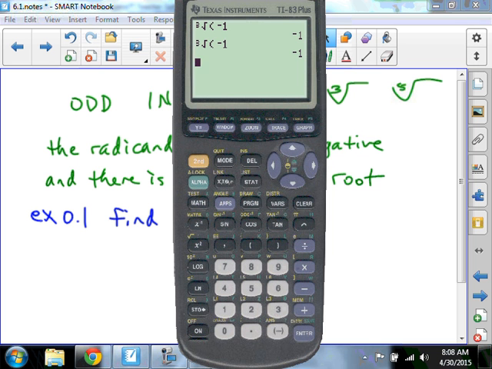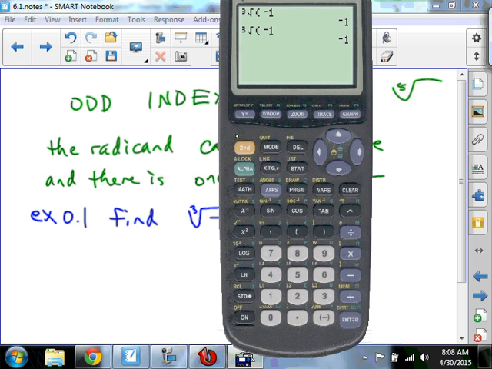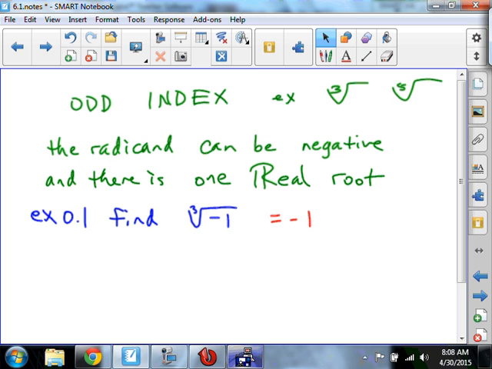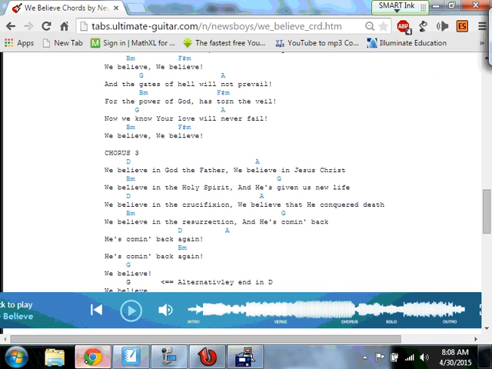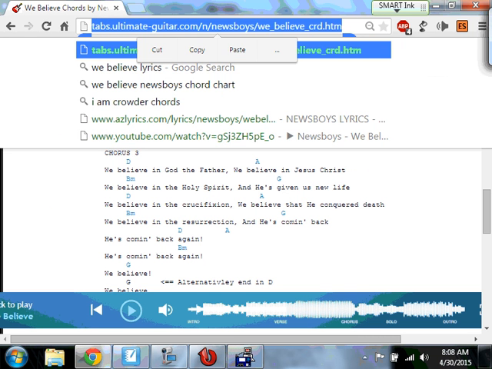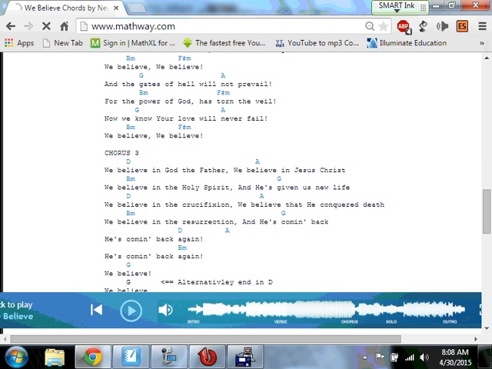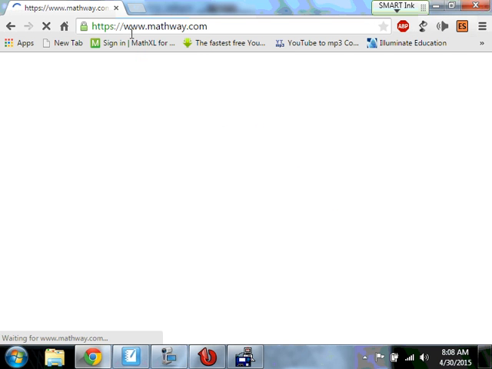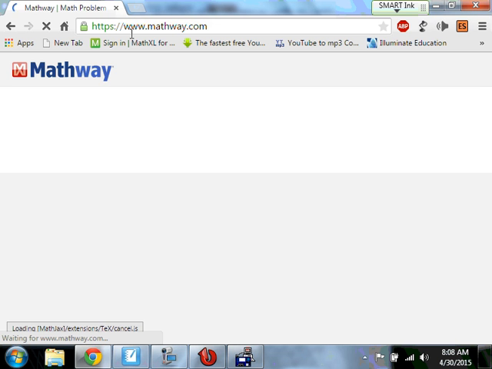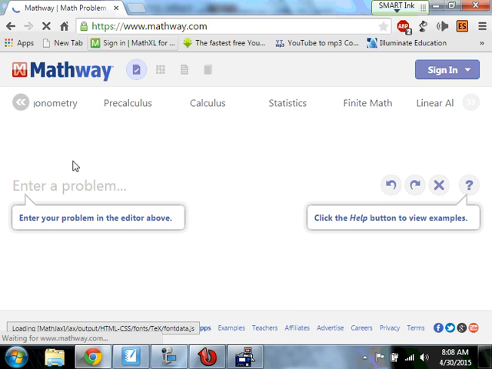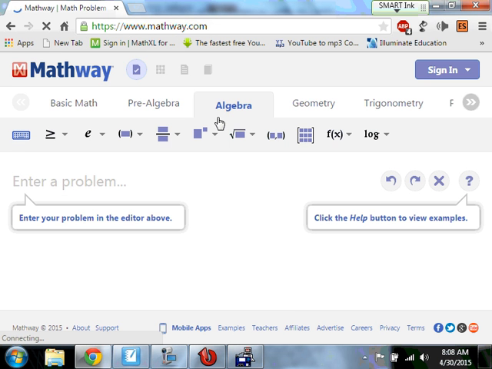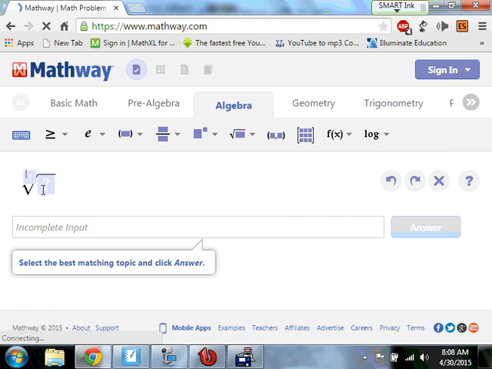A Lamborghini with paddle shifters? Throw it in Mathway? Okay. So let's go to Mathway. Mathway, here we come. Okay, enter a problem. Oh, look at that.